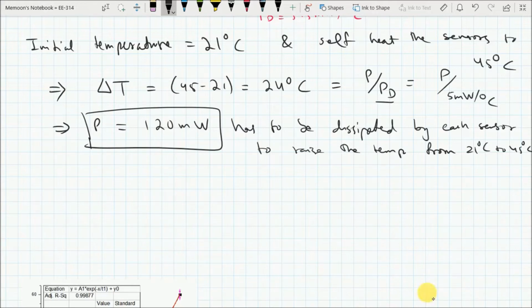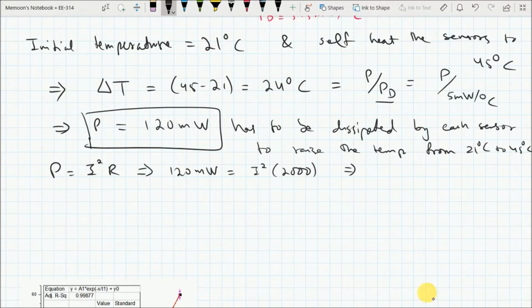And to dissipate this much power at 45 degrees Celsius across those sensors, what do we have to do? P is equal to I square R, and that is 120 milliwatts equals I square into 2 kilo ohms.